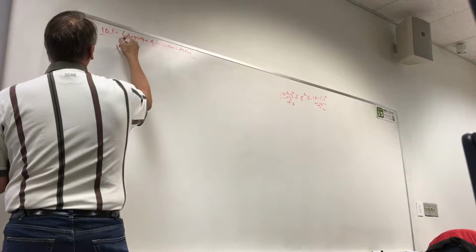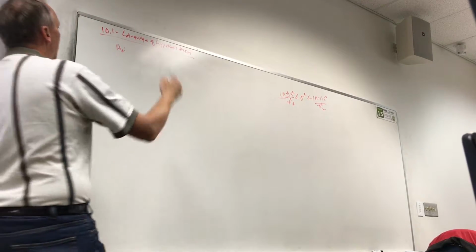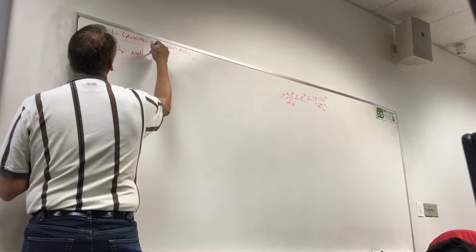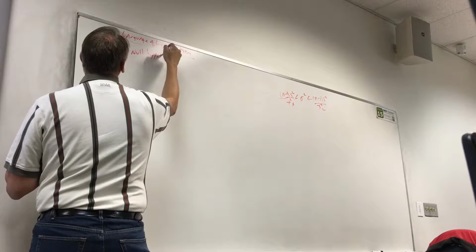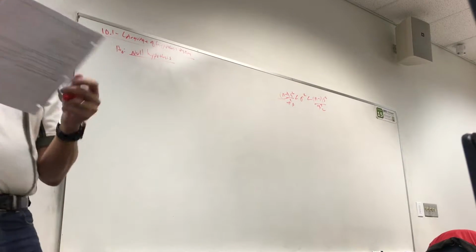And the first thing we're going to come up with is what we call an H sub 0. Okay? This is what we refer to as the null hypothesis. Okay?